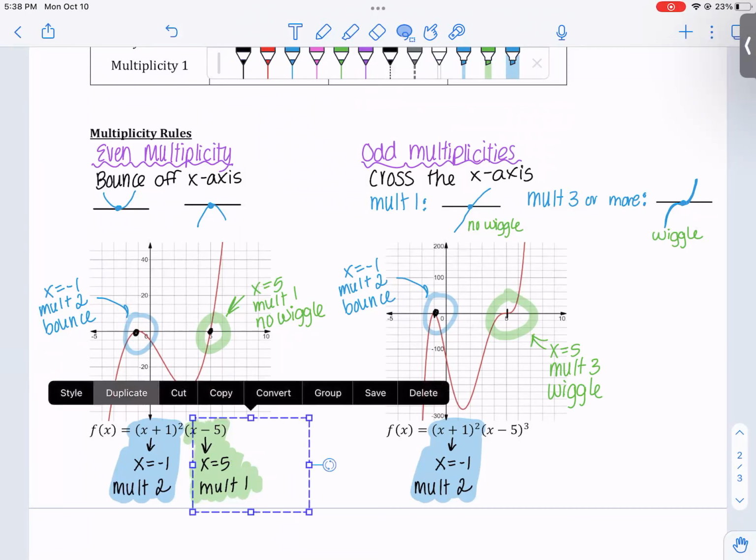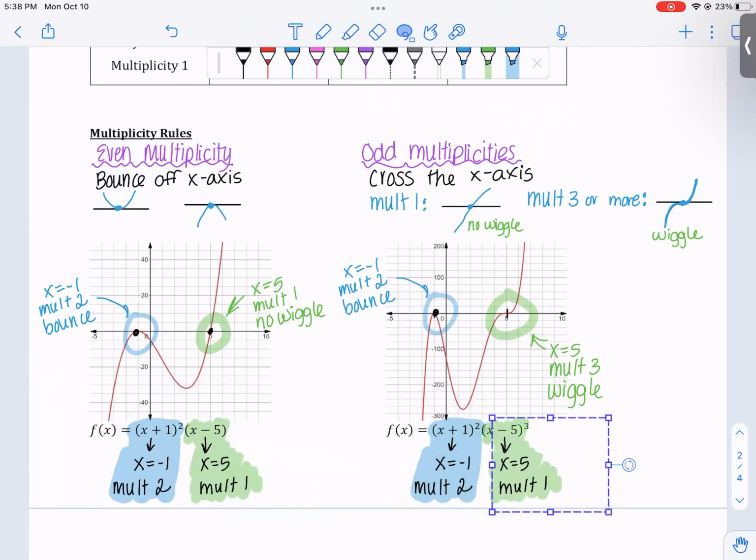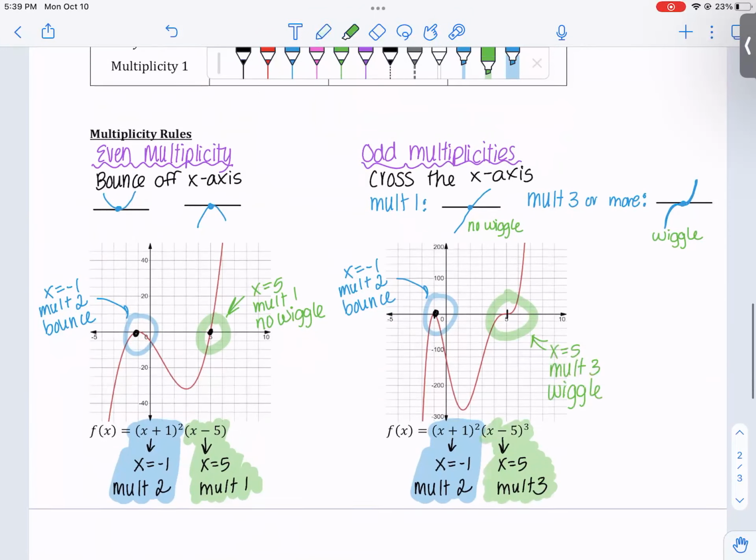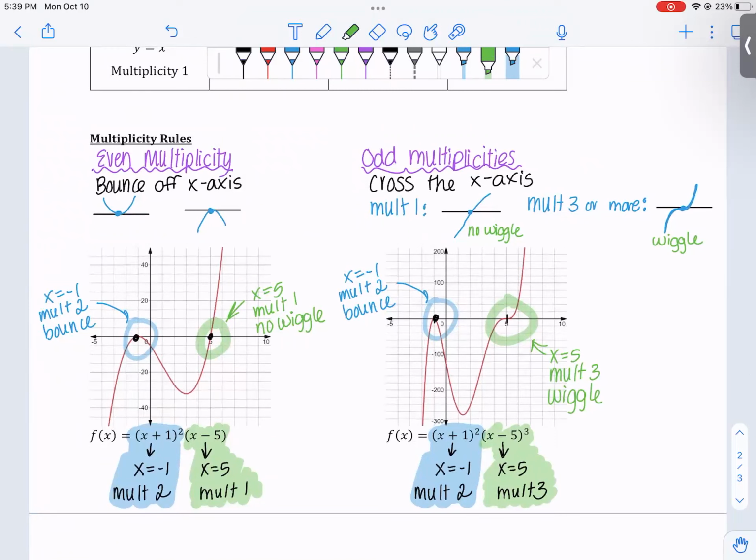This is almost identically the same, it just has multiplicity 3. So that is how multiplicities affect the graph of a function.